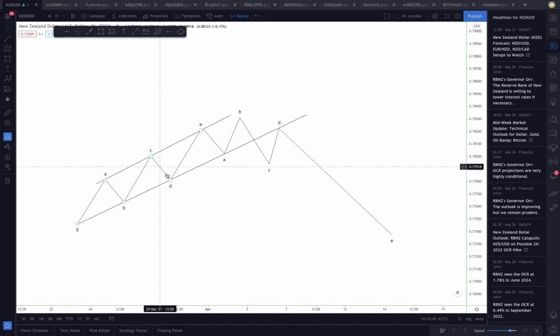Here you sell, here you buy, here you sell, here you buy. However, we always consider the trend. So if it is an uptrend, you only consider buying. But if it is a downtrend, you consider selling whenever it bounces off a trend line.